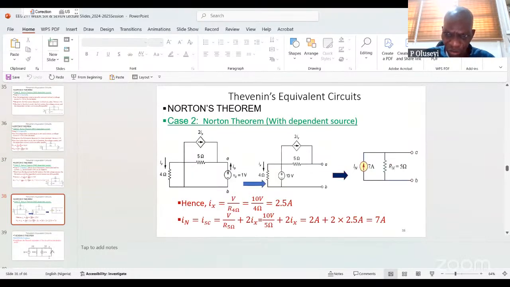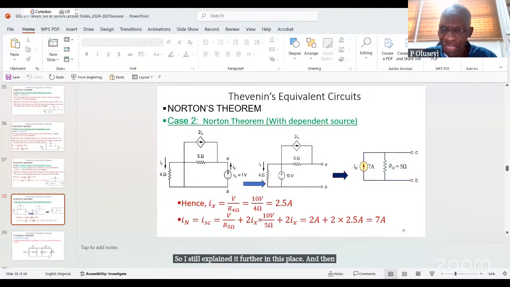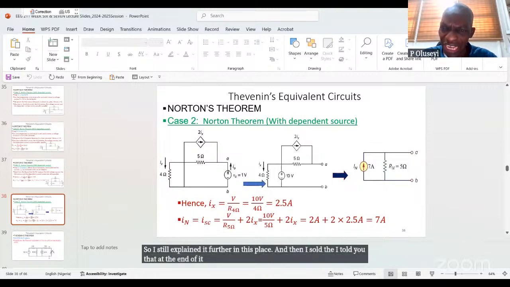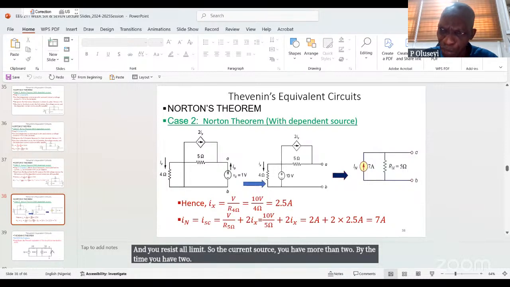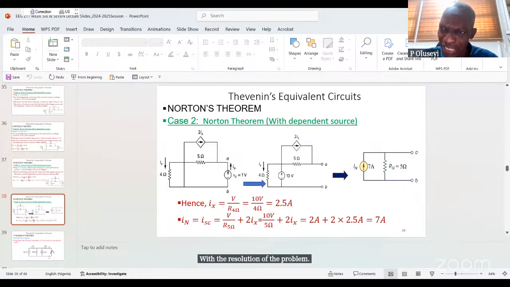So I still explained it further in this place. And then I told you that at the end of it, you must always have two parameters, a current source and a resistor element. By the time you are through with your resolution of the problem, you will have two circuit parameters therein.